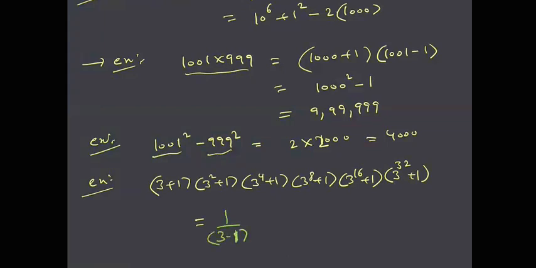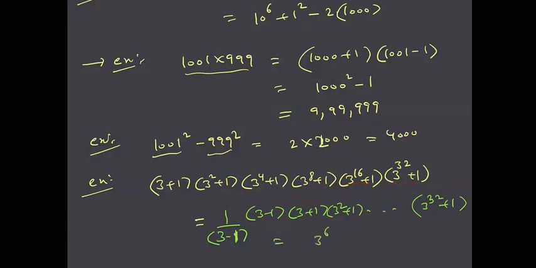If I multiply and divide by 3 − 1, then the rest of the terms are as they are. So (3 − 1)(3 + 1) is 3² − 1, and then (3² − 1)(3² + 1) will be 3⁴ − 1, and (3⁴ − 1)(3⁴ + 1) will be 3⁸ − 1, and then we'll get 3¹⁶ − 1, then 3³² − 1, and finally 3⁶⁴ − 1.